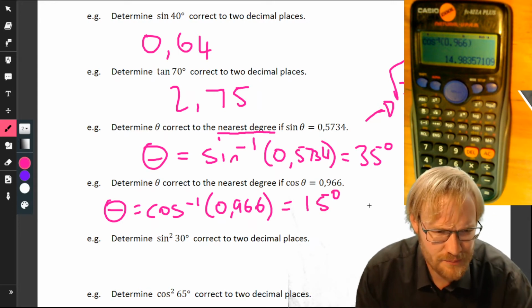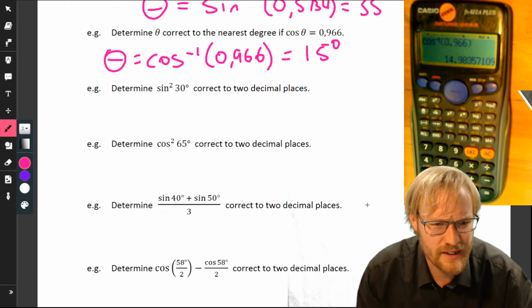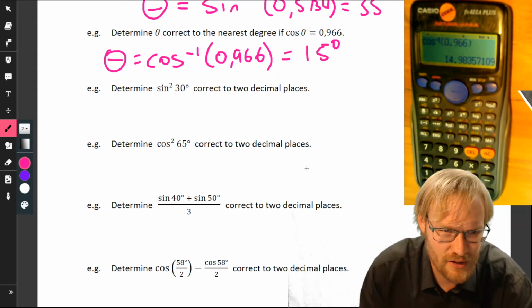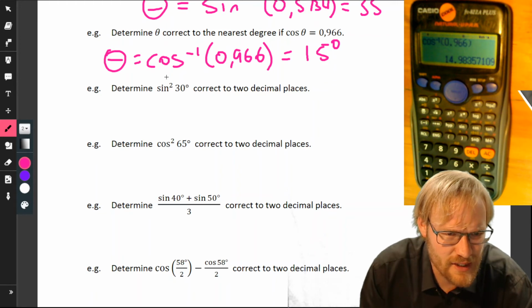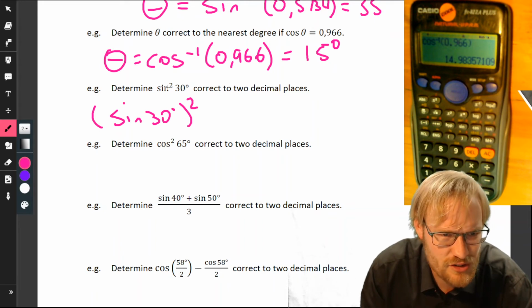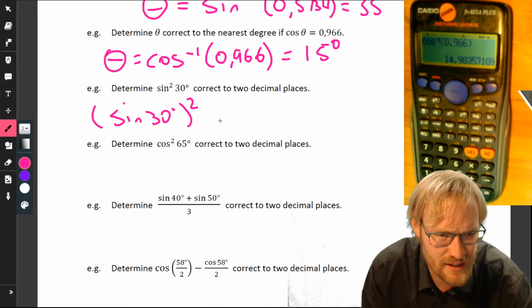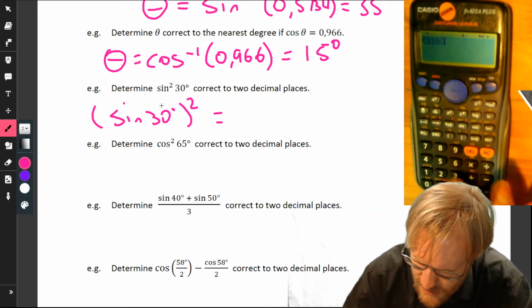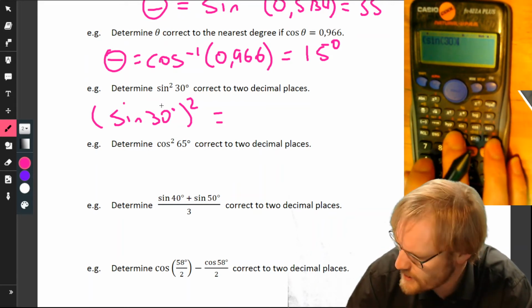Okay, easy enough. Now, the next ones are really just, can you plug these things into your calculator correctly? Sine squared 30 is just the same as saying sine 30 degrees, and we're going to square it. It's just a shorter way of writing that. And once we know that, then we can just go bracket, sine 30, close that first bracket.